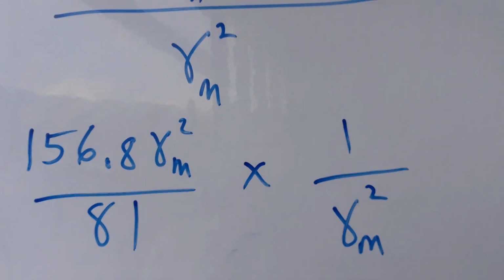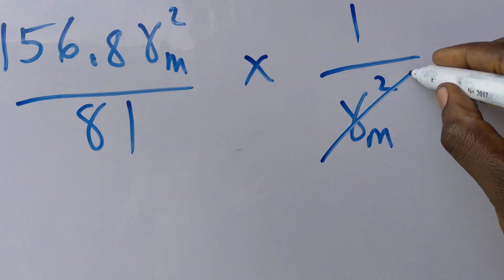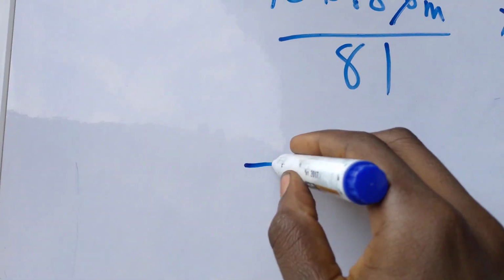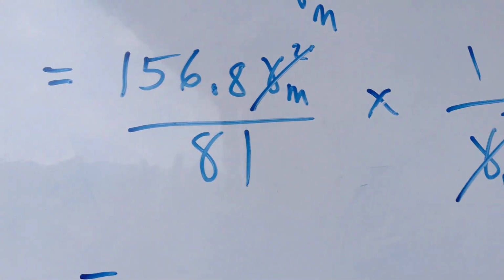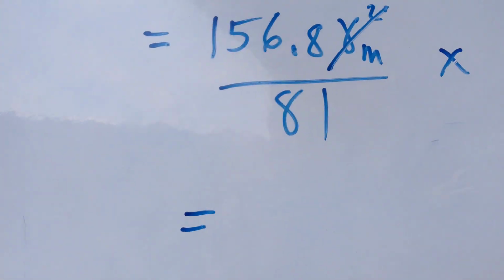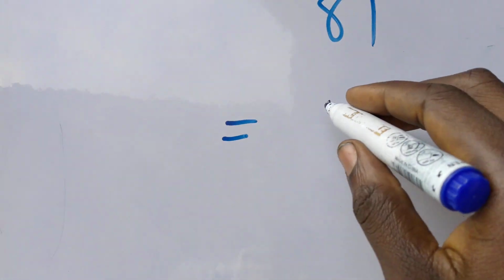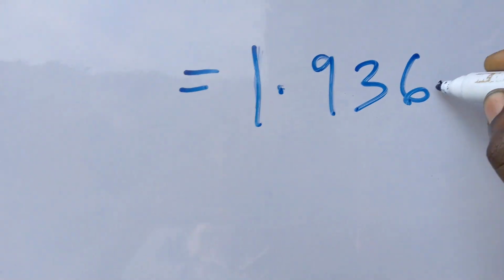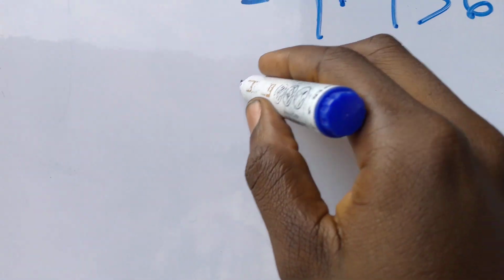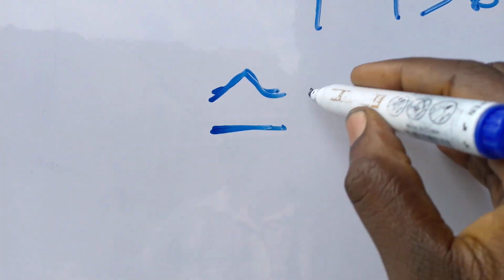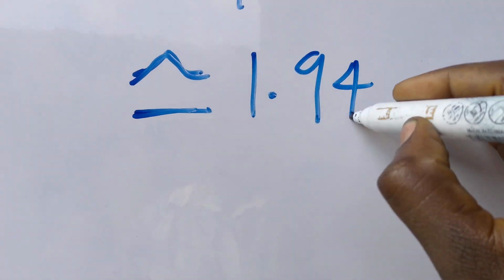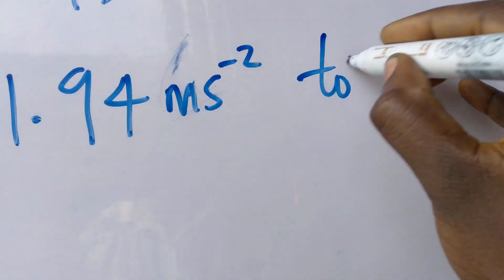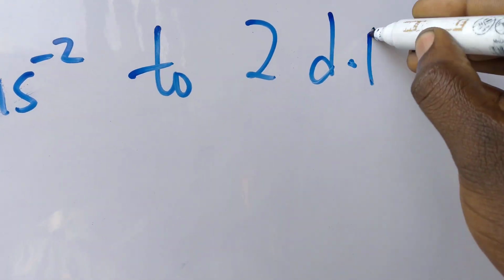Then you observe that this rm square will also eliminate rm square, and so my answer becomes, if you check 156.8 divided by 81, it gives you 1.936 meters per second square, which is approximately 1.94 meters per second square to 2 decimal places.